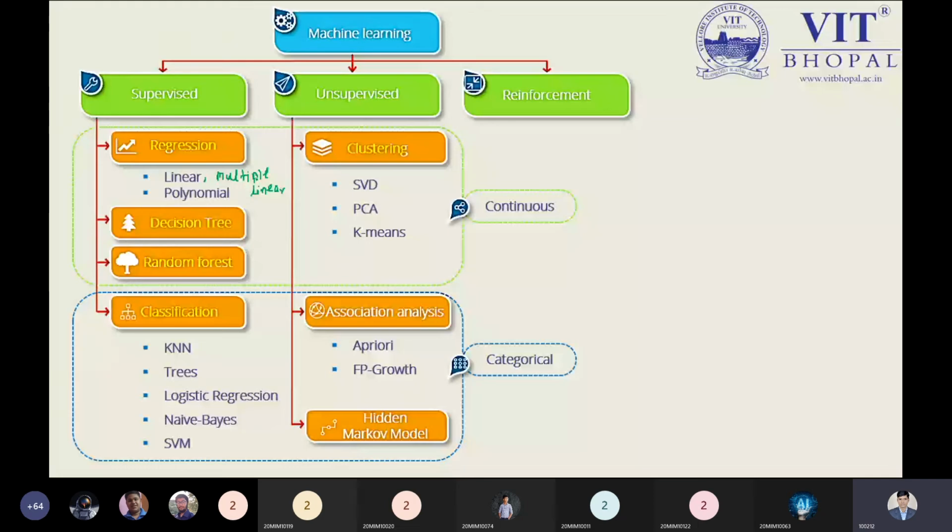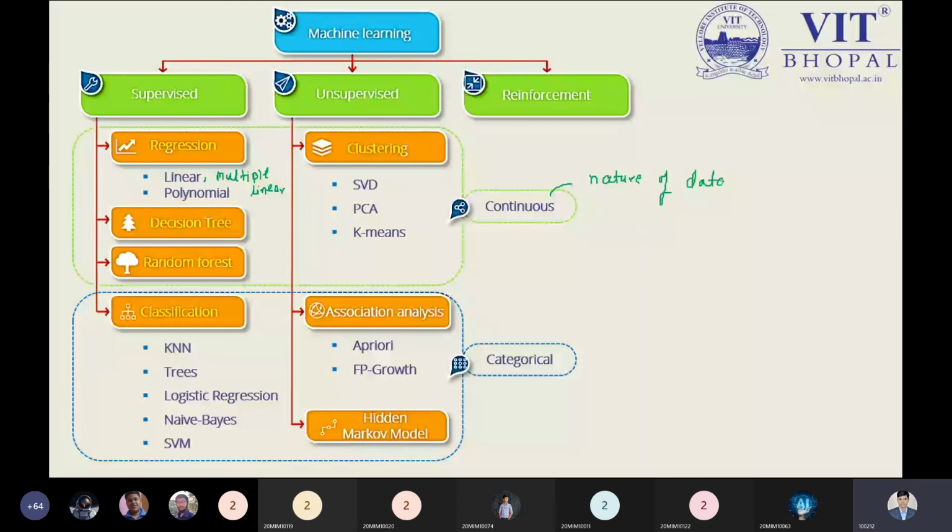Next we have the decision tree, and next the random forest. Random forest and decision tree regressions are examples of supervised learning when the nature of the data is continuous, or the type of the data.